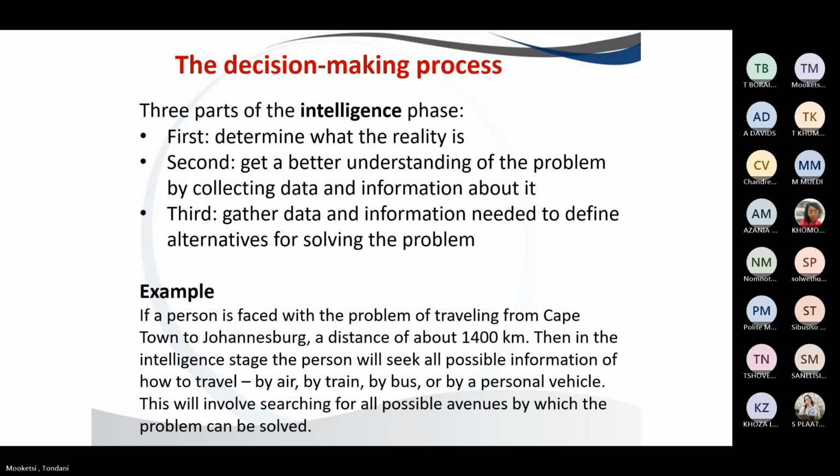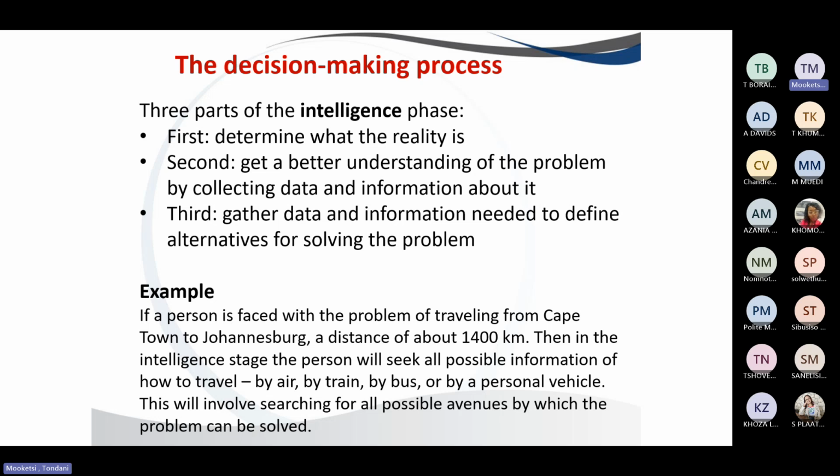So the intelligence stage involves gathering information, collecting data, so that you can look at all the options in order to solve this problem. So maybe in this case, you will look at the cost of using each of these options and the duration, the amount of time to travel by each option.